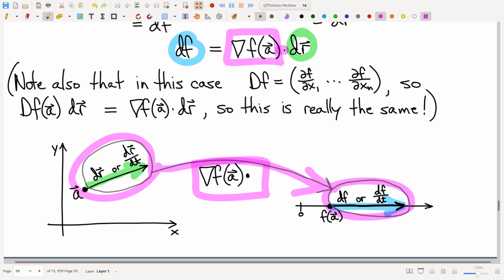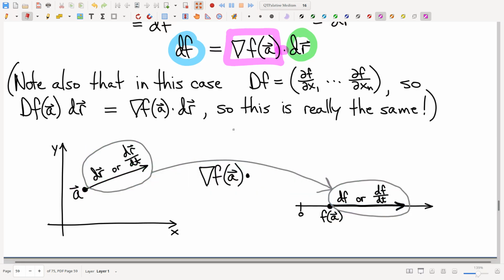And by the way, there's nothing spooky about this. If you just look at how you write these down, how would I write down a dot product with the gradient? Well, the gradient vector is going to have, let's say, 3 elements if there's 3 variables. And you're going to dot product with the input change, which will have 3 elements, and in a dot product, you multiply and add. In this case, the derivative matrix has still the same 3 elements, just written sideways.